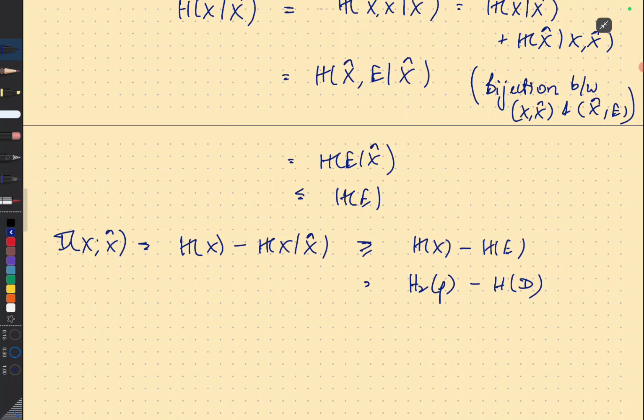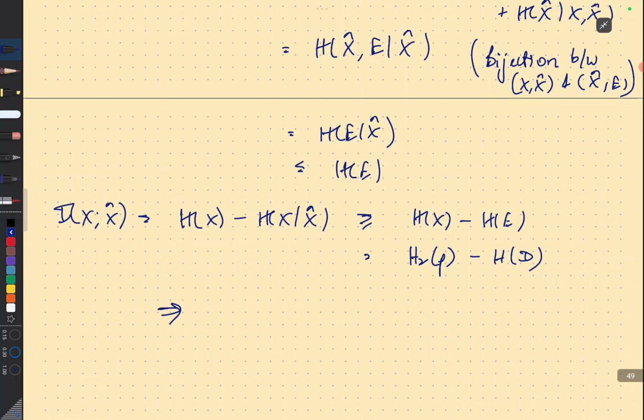And this is true for all conditional distributions p x hat given x, for which the probability that x is not equal to x hat is equal to d. So both these put together show that R star of d is equal to the binary entropy of p minus the binary entropy of d.